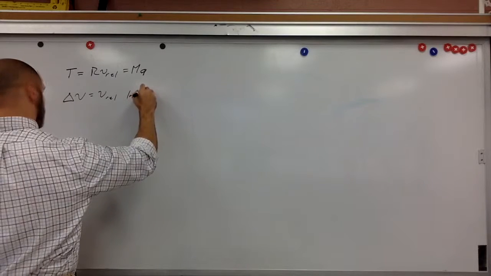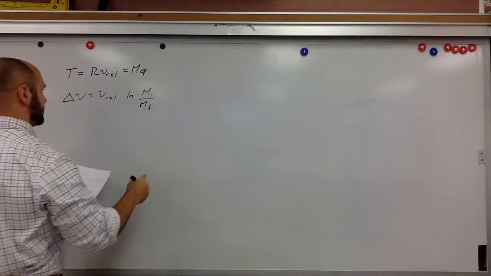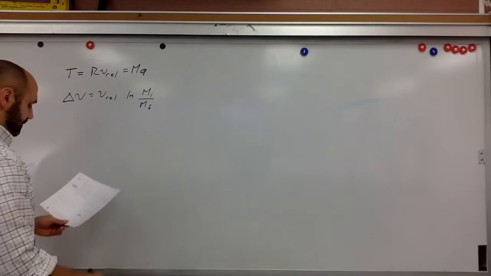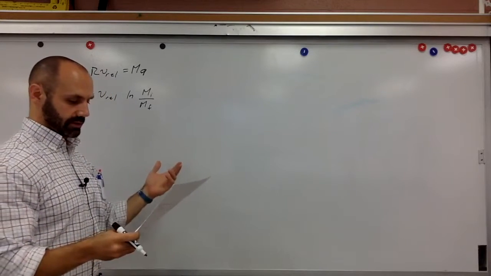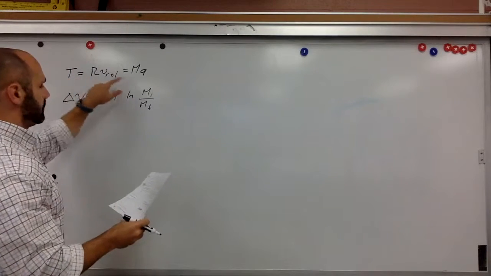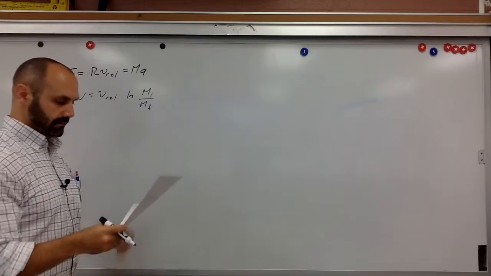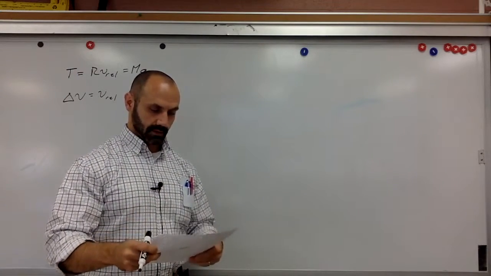Natural log of the initial mass of the rocket over the final mass of the rocket. And then the thrust or the recoil force, that's this. So actually the first and third equations are the same.